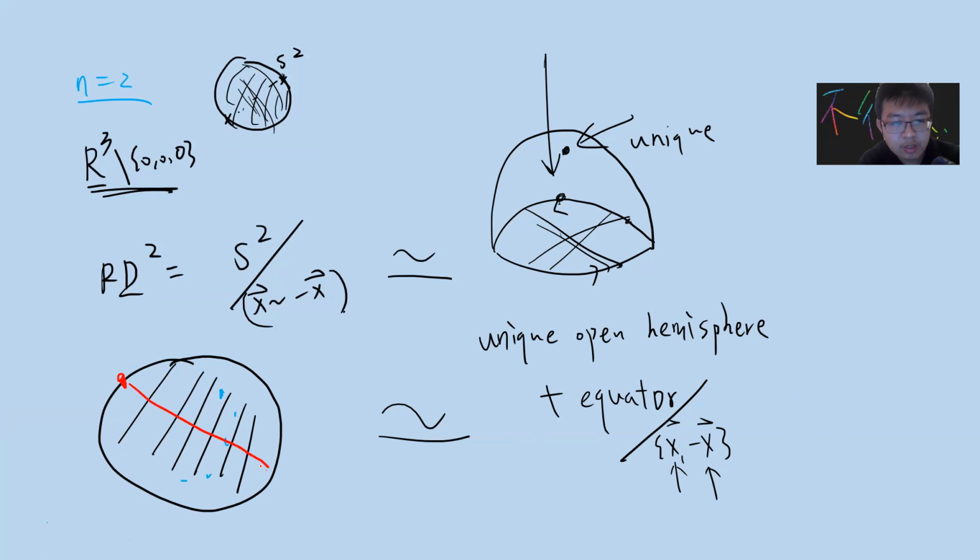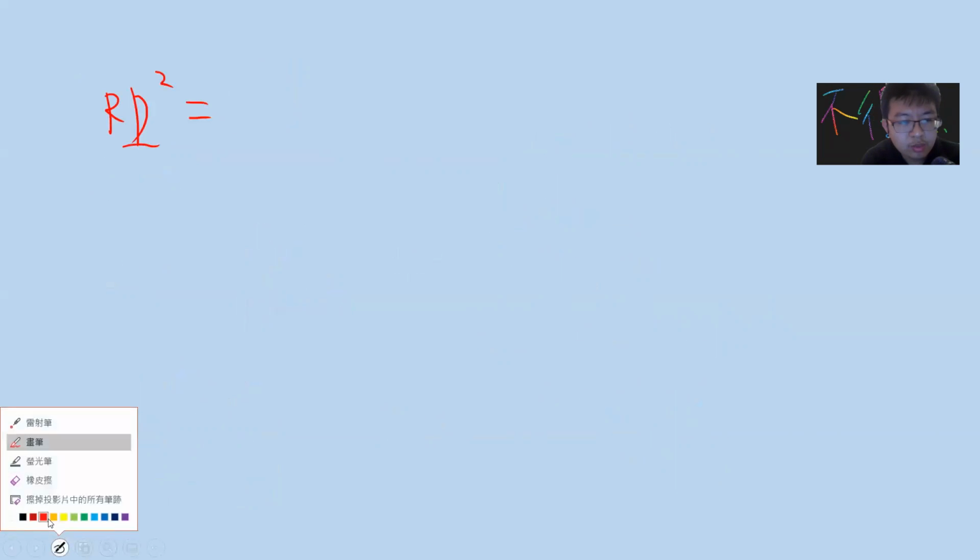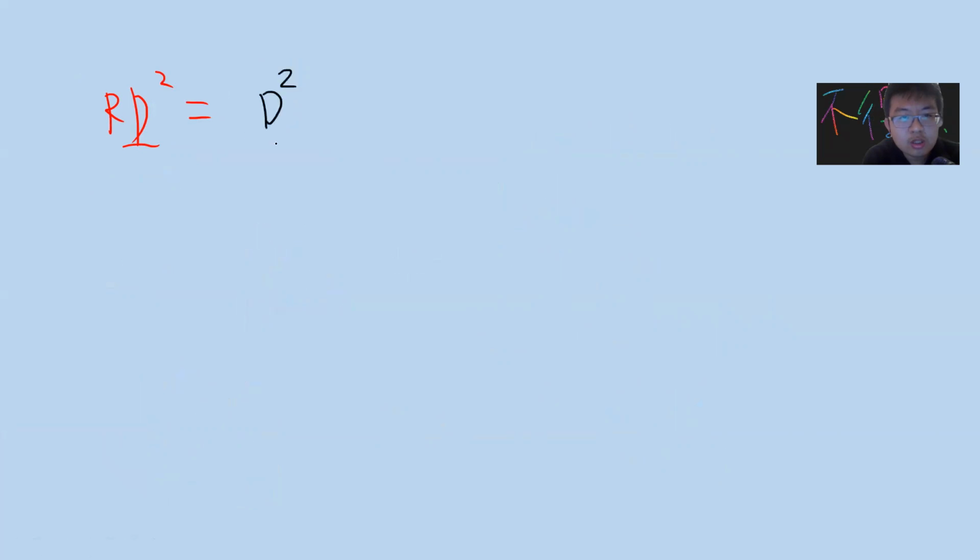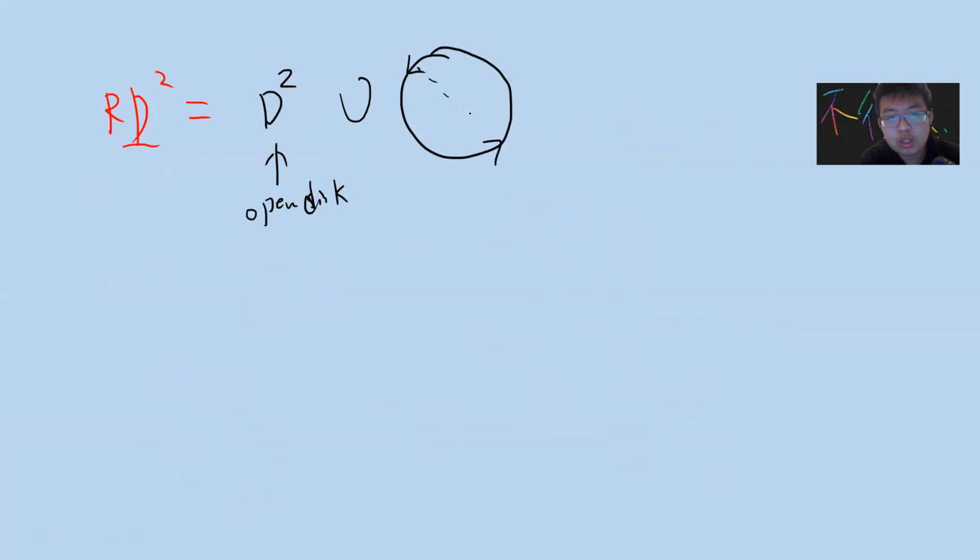So this is identified with this, and this is identified with this. Okay, so one can write this RP2 in terms of an open two-dimensional disk, union the boundary. Okay, but the boundary is a guy which you need to map to its antipodal, right?